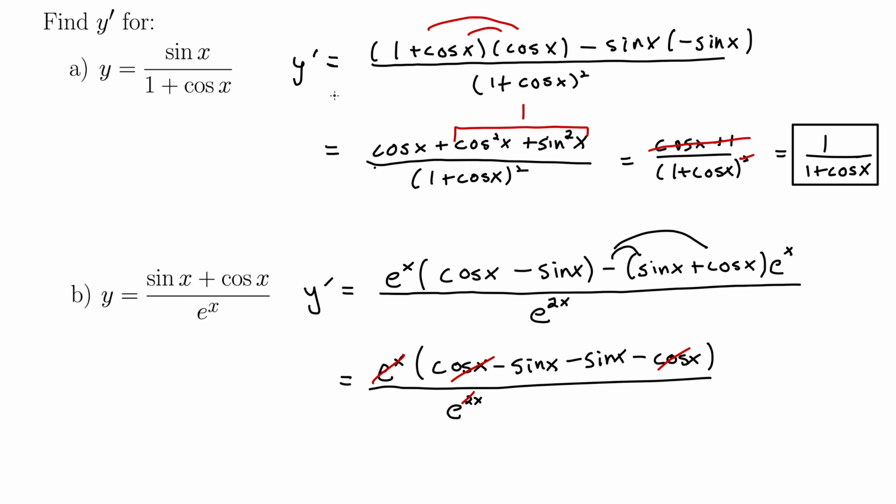So we'll just get rid of the 2 down there. And let's bring this thing home. Looks like we have minus 2 sine x over e to the x, which is a perfectly fine answer. You can also write this as negative 2 e to the negative x sine x. Both of those answers would be just fine.